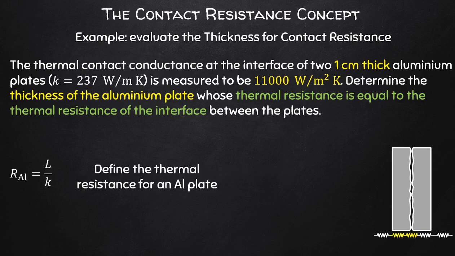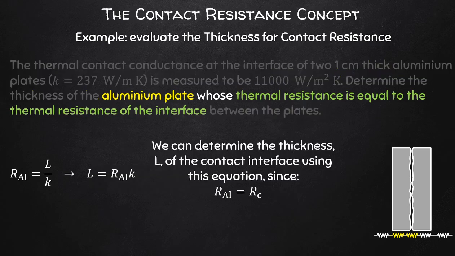Okay, and next we define the resistance of an aluminium plate. Hypothetically, if we just had one aluminium plate, this is what its resistance would be, where the only unknown to us is the length of the said plate.